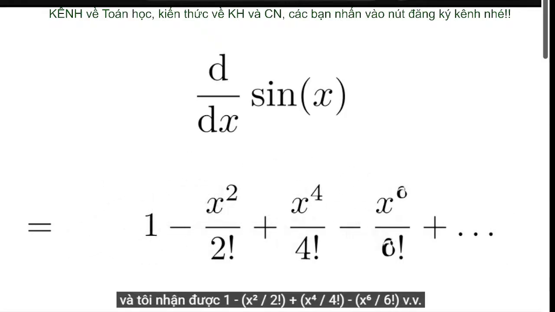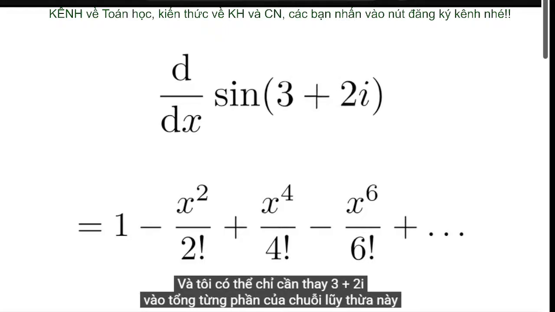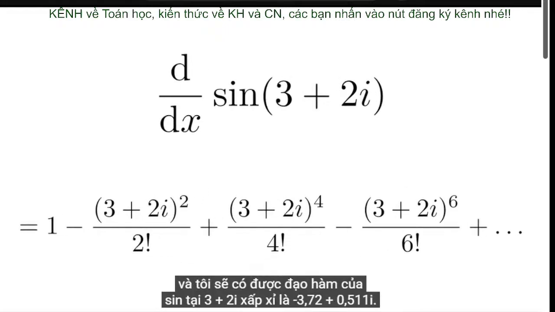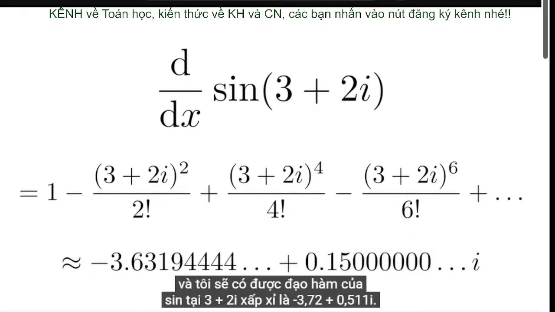And I get 1 minus x squared over 2 factorial plus x to the 4th over 4 factorial minus x to the 6th over 6 factorial, and so on. And I can just plug in 3 plus 2i to the partial sums of this power series, and I'll get that the derivative of sine at 3 plus 2i is approximately negative 3.72 plus 0.511i.